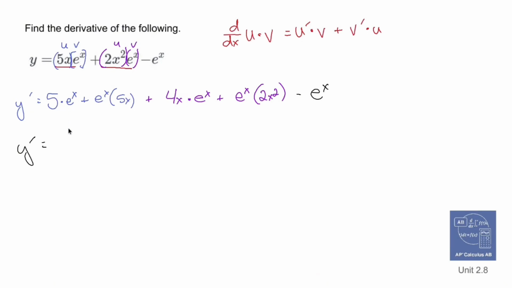We'll see what happens. 5 times e to the x is 5 e to the x, check. 5x e to the x, so 5x e to the x. All right, so you guys won't combine. You guys will, though. 4x e to the x, so I'll deal with that when I have to.